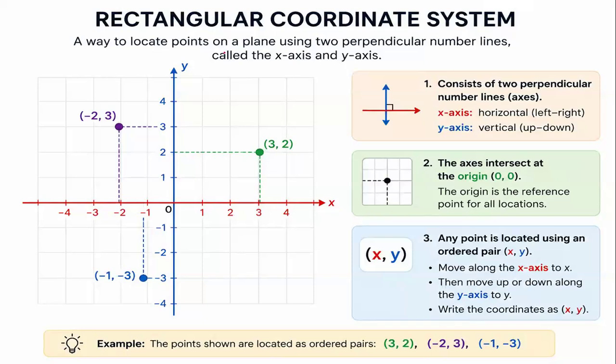So now we are looking at the rectangular coordinate system. It's a way to locate points in a plane using two perpendicular number lines called the x-axis and the y-axis. The x-axis goes to the right, my bad.